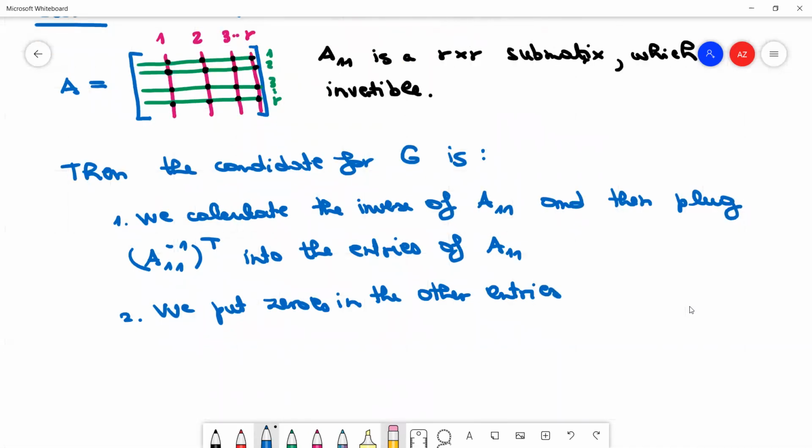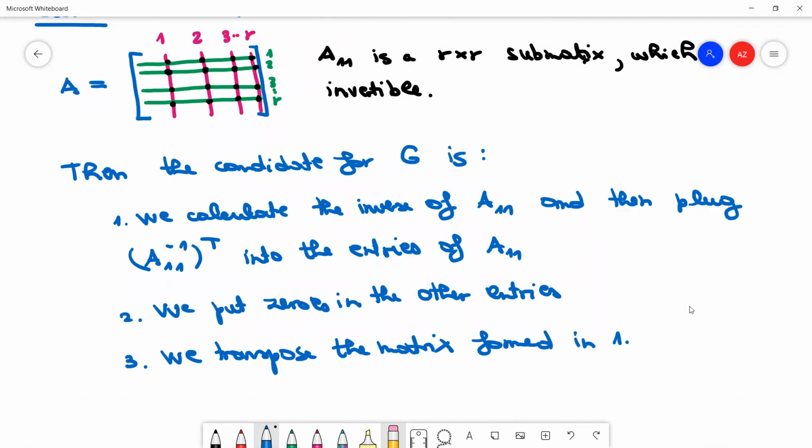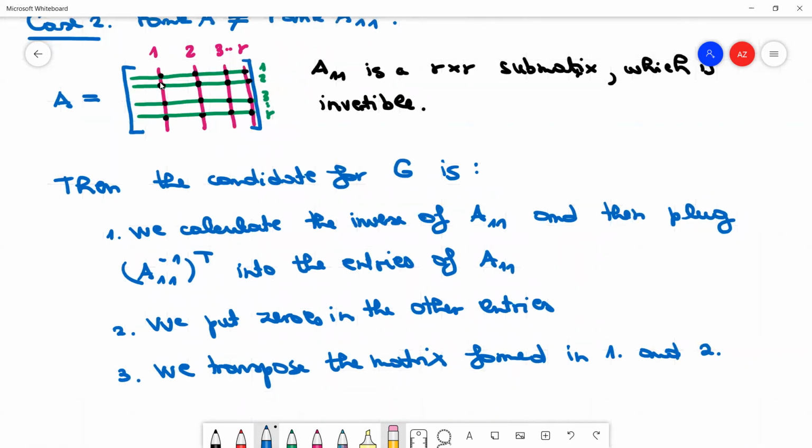And then we just transpose everything. We transpose the matrix formed in 1 and 2.